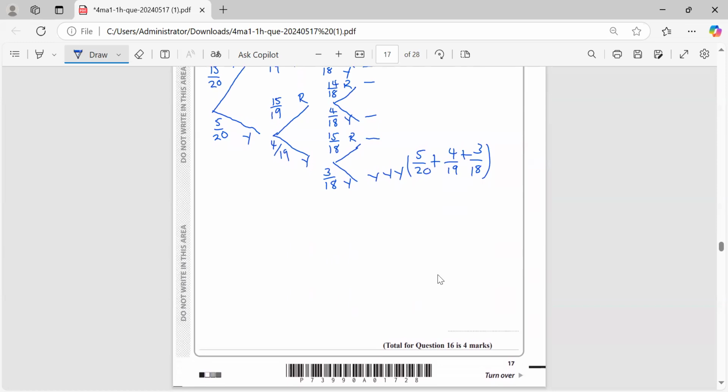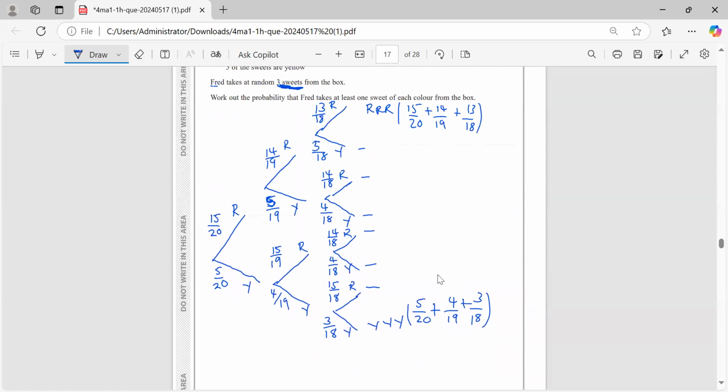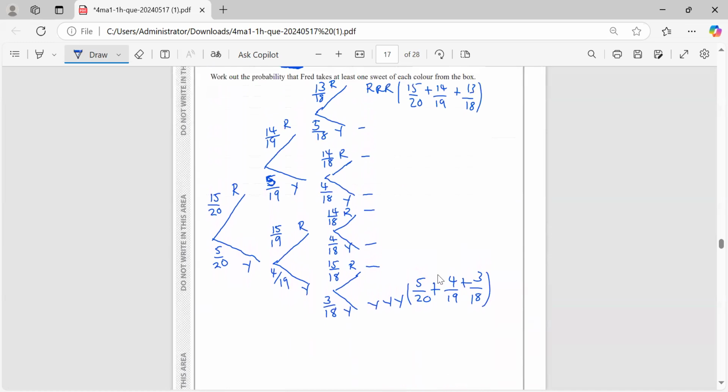So in other words, this is what I'm trying to say. The probability that Fred is going to pick at least one sweet of each color from the box is going to be 1 minus the total of 15 over 20 times 14 over 19 times 13 over 18, plus this probability, 5 over 20 times 4 over 19 times 3 over 18, like that, right?